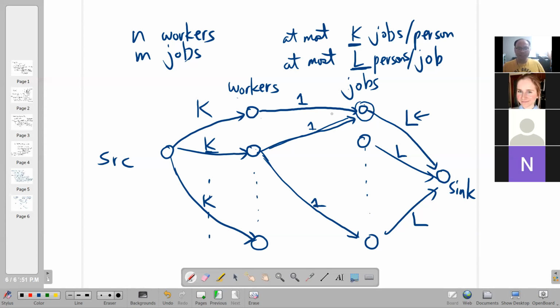And if you run maximum flow, it will try to get as many jobs assigned as possible, possibly multiple times.